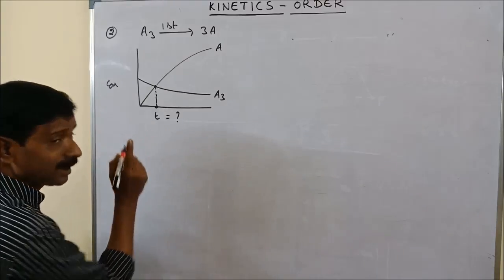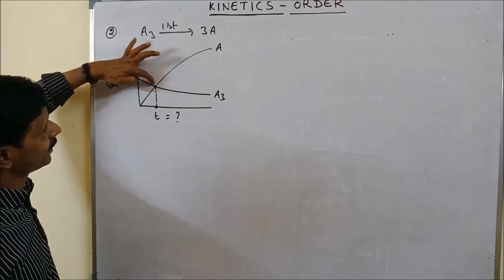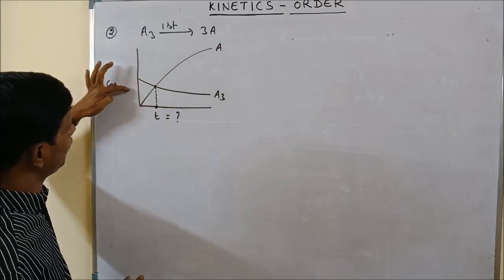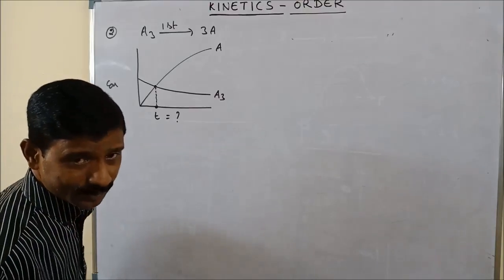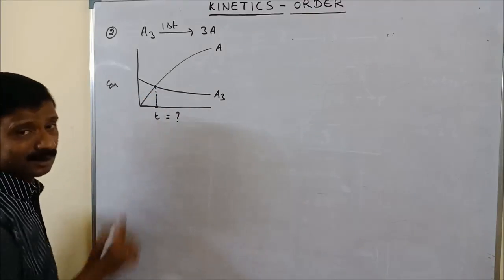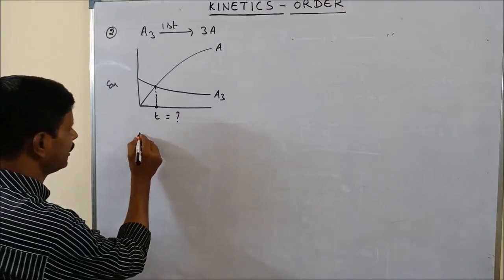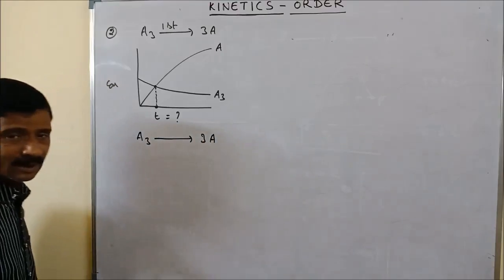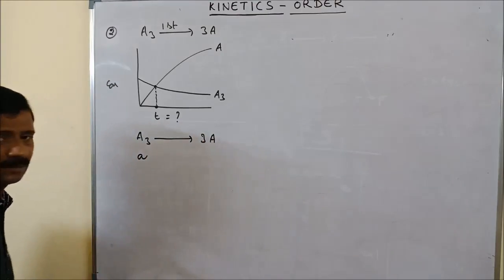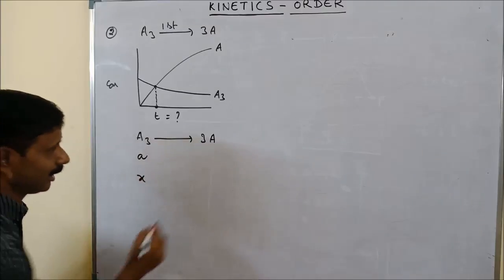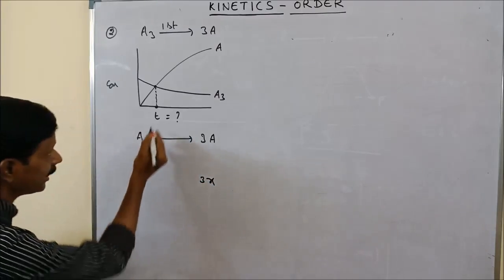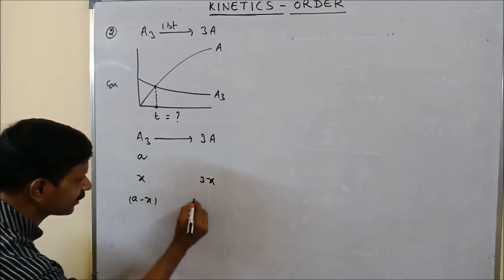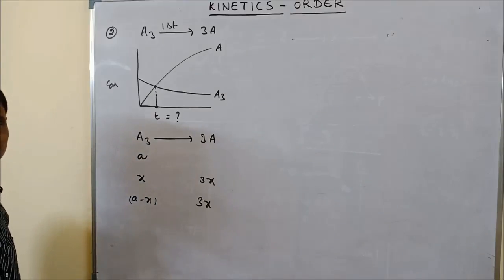For that, one thing you have to remember: at the point of intersection, the concentration of the reactant and the concentration of the product are both equal. So that point we have to use. See this, at this point both the concentrations are equal. So A3 is converting into 3A. Suppose initial is A, the amount involved is X, and it will be 3X in time t. So after time t, remaining is A minus X, and it is 3X.